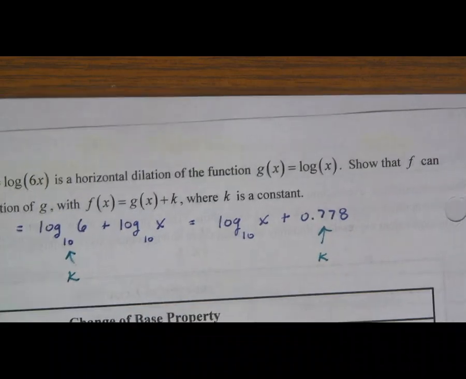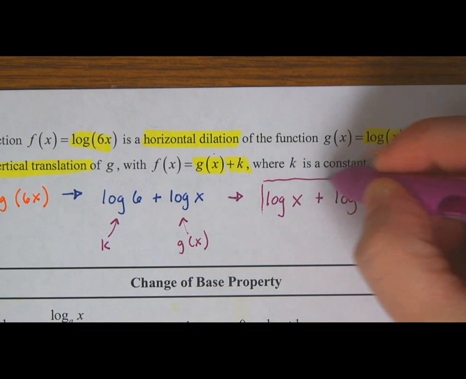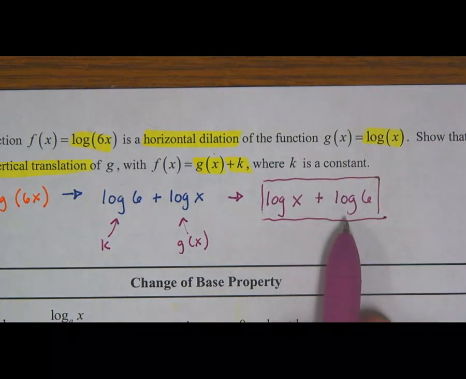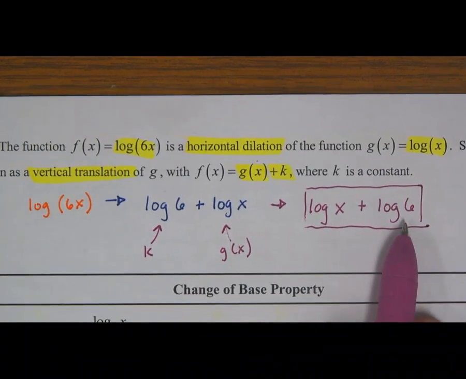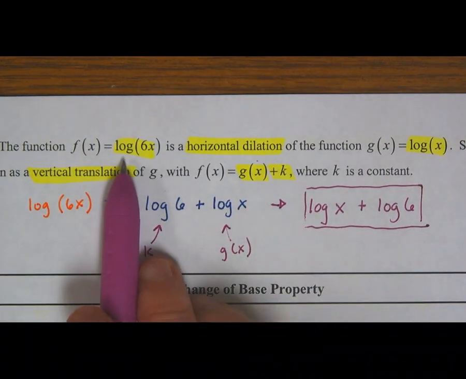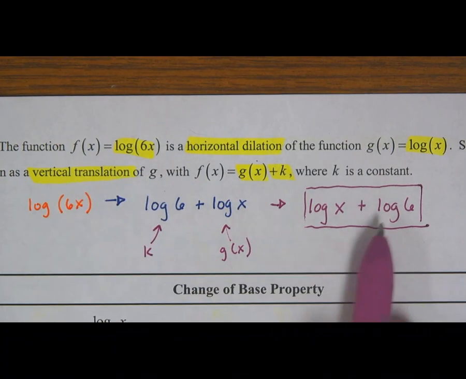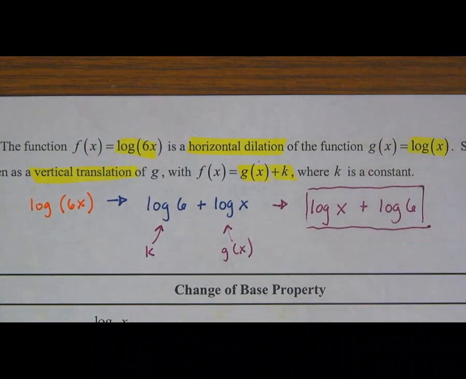But you don't need to do that. This is it. This is showing that we took g of x and we added a constant. So again, the big picture is you have to be able to show that a horizontal dilation can also be written as a vertical translation. Very strange.